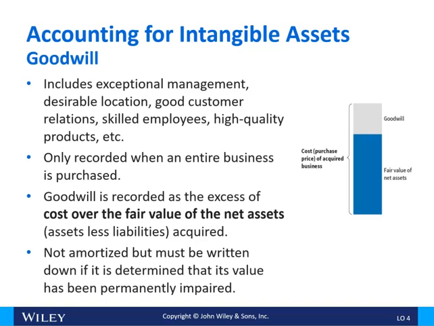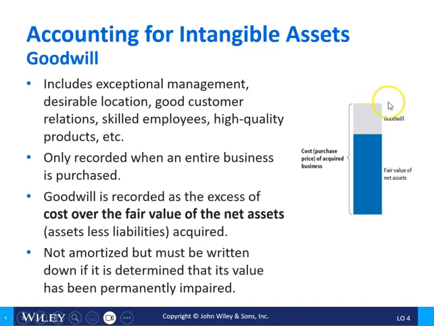And then finally, goodwill. This includes exceptional management, desirable location, good customer relations, skilled employees, high quality products, etc. So it's only recorded when a business is purchased. If you look to the right here, the fair value of a company could be here.